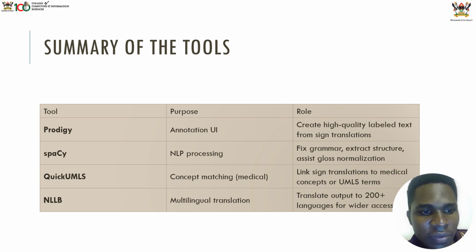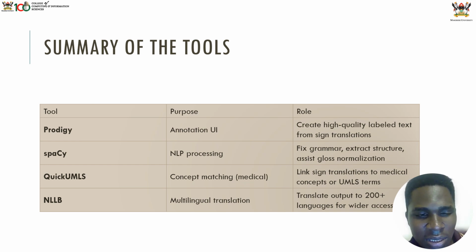Then for QuickUMLS, this is basically looking at the medical concepts of the project. Since there are some medical terms that will be included, QuickUMLS comes in to link the sign translations to the medical concepts.